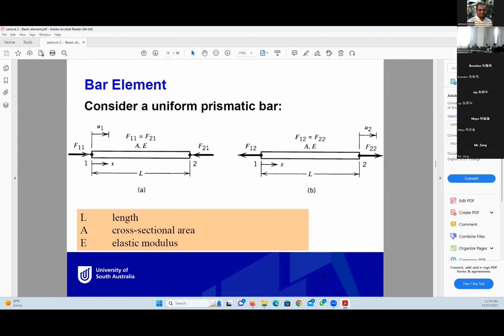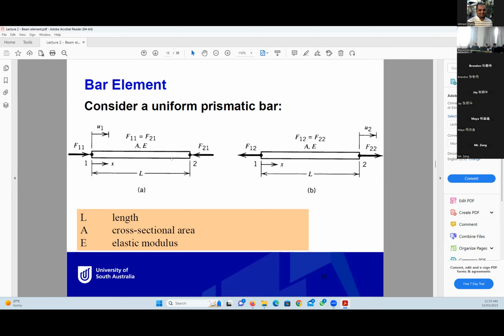So we have applied force F11 here at node 1 and F21 at node 2, and the displacement we have is U1. So for the bar element, we have two nodes.